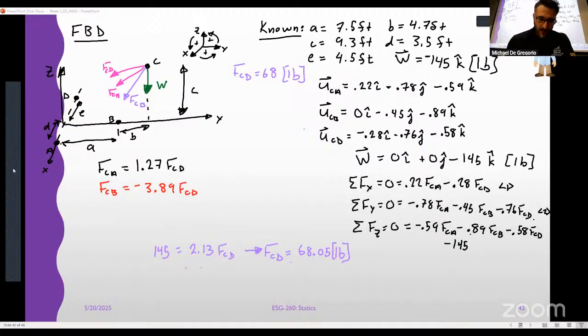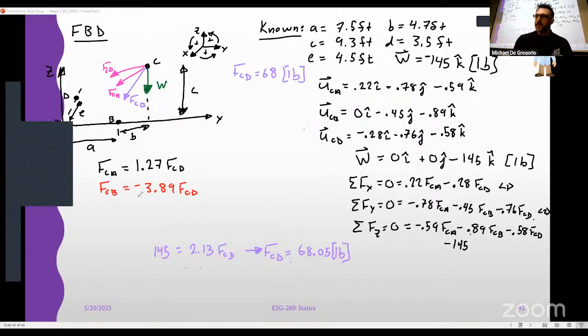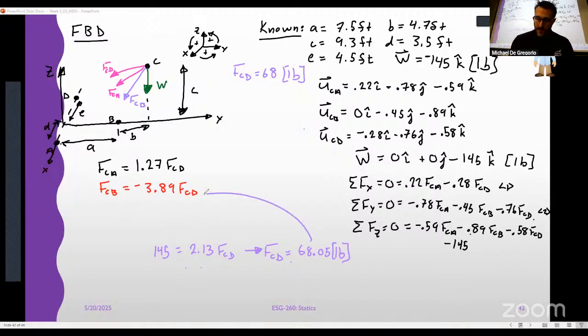Well, now, look, I don't have to go back and solve 1 and 2. I already have expressions for my other 2 in terms of FCD. So now it's just plugging this in here and in here to find FCA and FCB. FCB is negative 3.89 times 68.05.